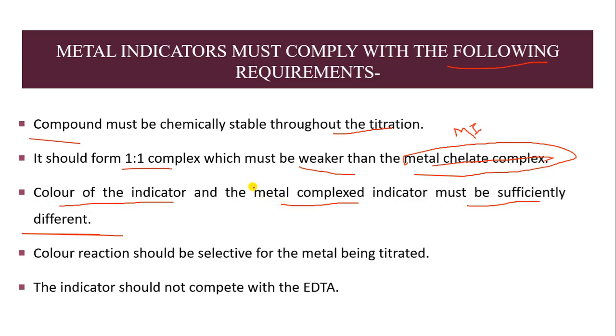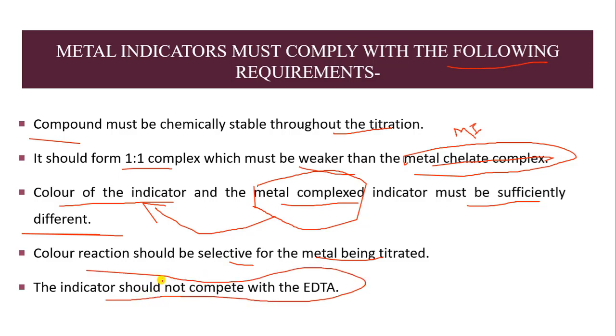When there is a metal and a complexing agent, there will be one color, so there should be a different color when we add the indicator. The color reaction should be selective for the metal being titrated, and the indicator should not compete with EDTA. It's the most important requirement of metal ion indicators.